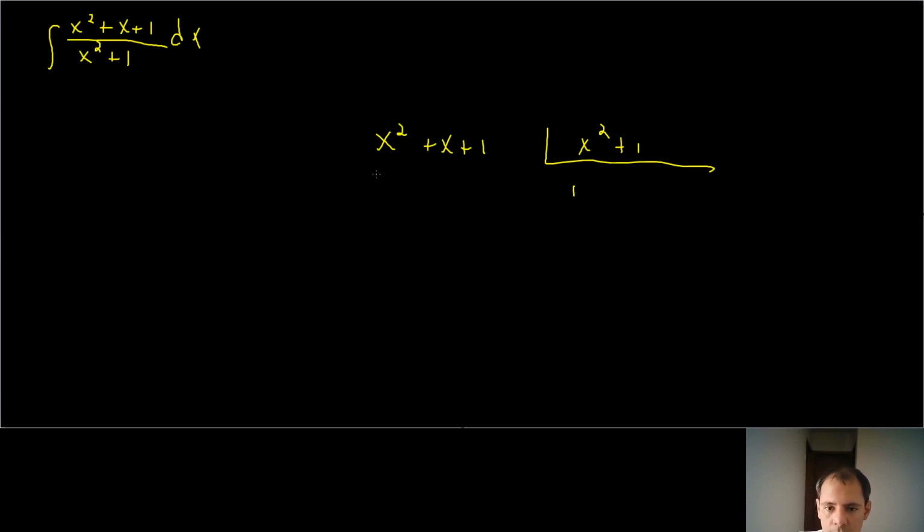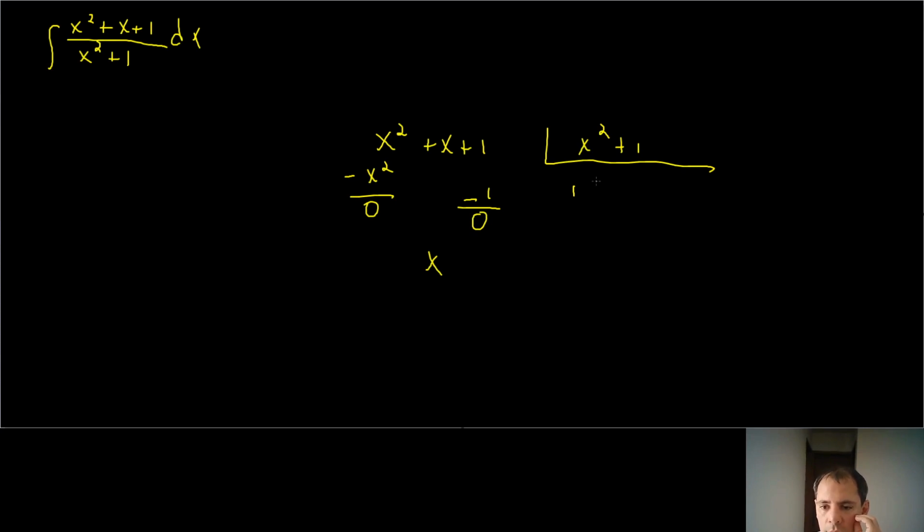You have minus x squared, so this is a 0. Then 1 times 1, that's 1, but coming over here it comes as a minus 1. So plus 1 minus 1, 0. And what do you have left? You just have an x.